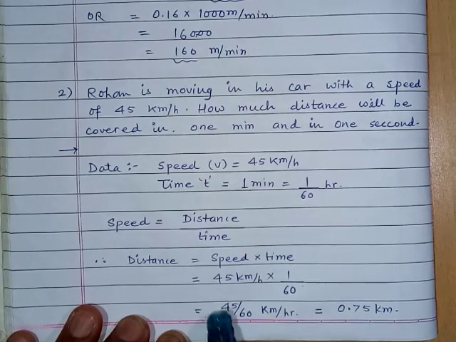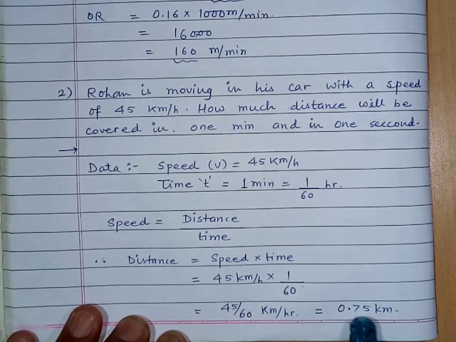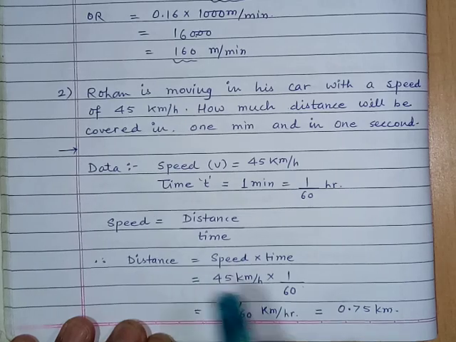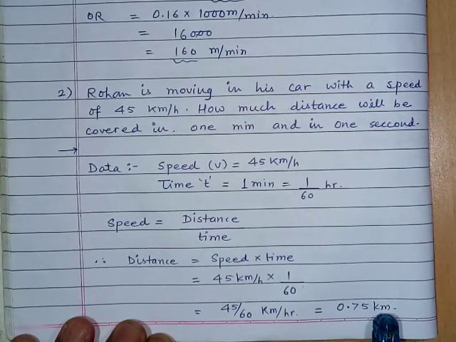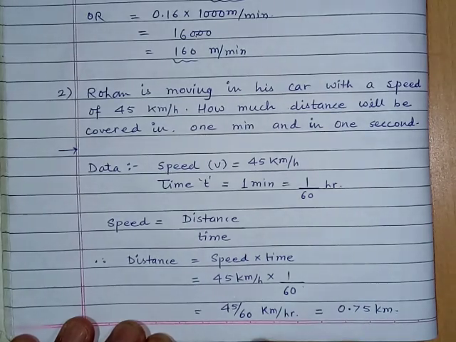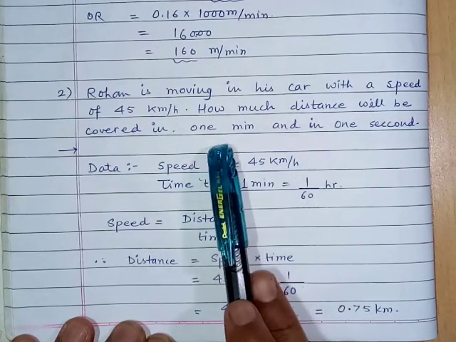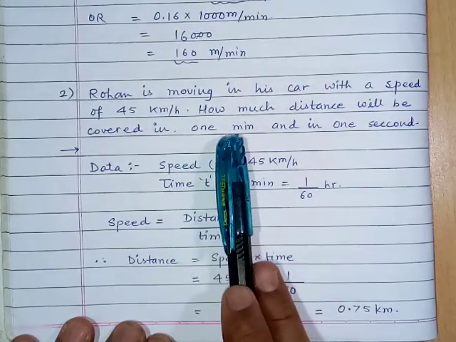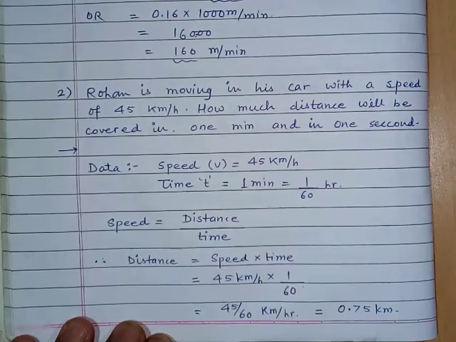If you simplify this equation, it comes to 0.75. Since it is a distance, I am expressing it in kilometers. So the distance covered in 1 minute is 0.75 kilometer.